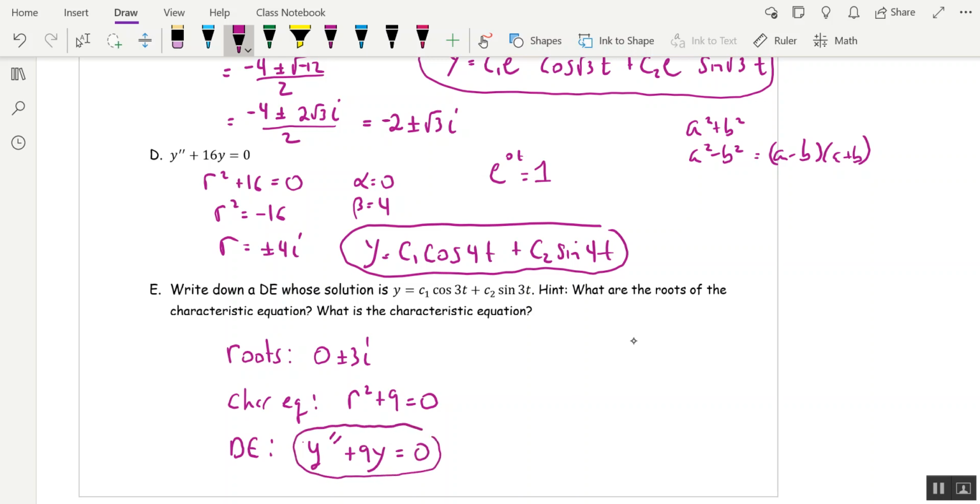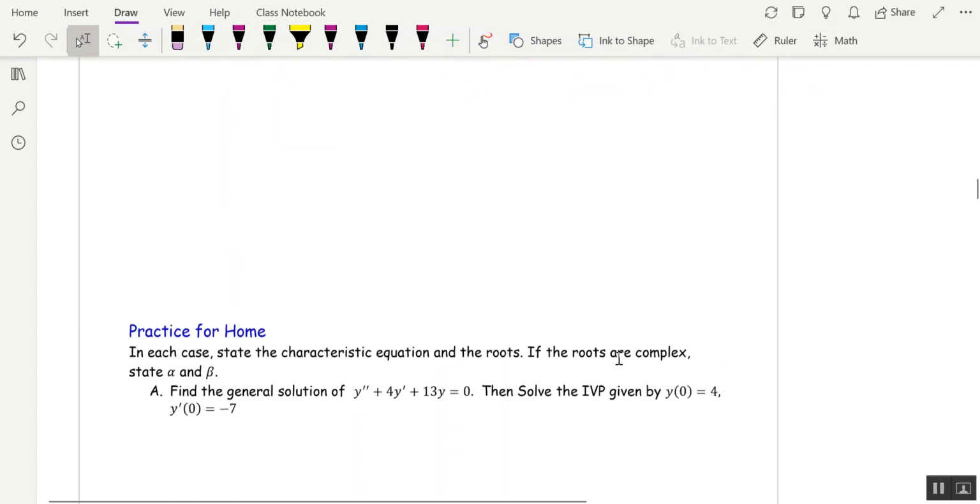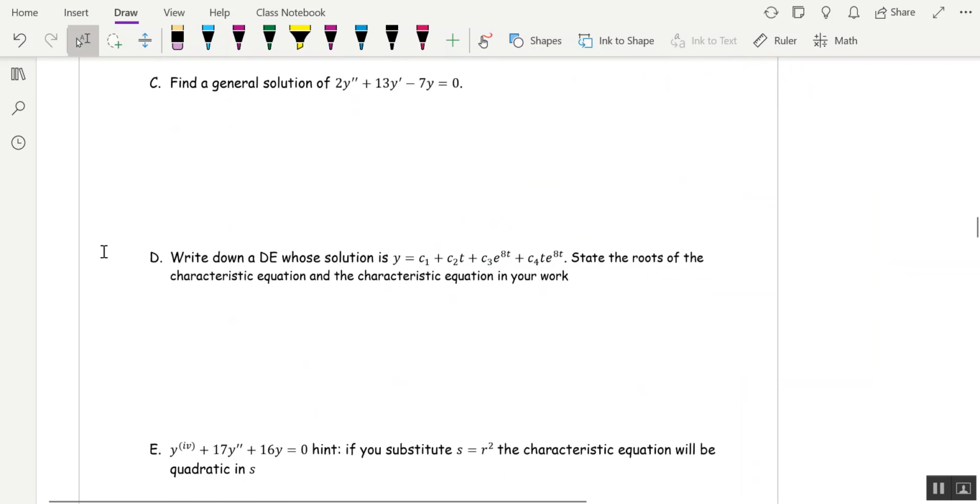So do it in steps like that. You've got to practice one, part D, write down the DE whose solution is this. So I suggest you start with the roots and then write down the characteristic equation. I'll get you started here. The C1 and the C2t, that's a repeat root of 0, right?